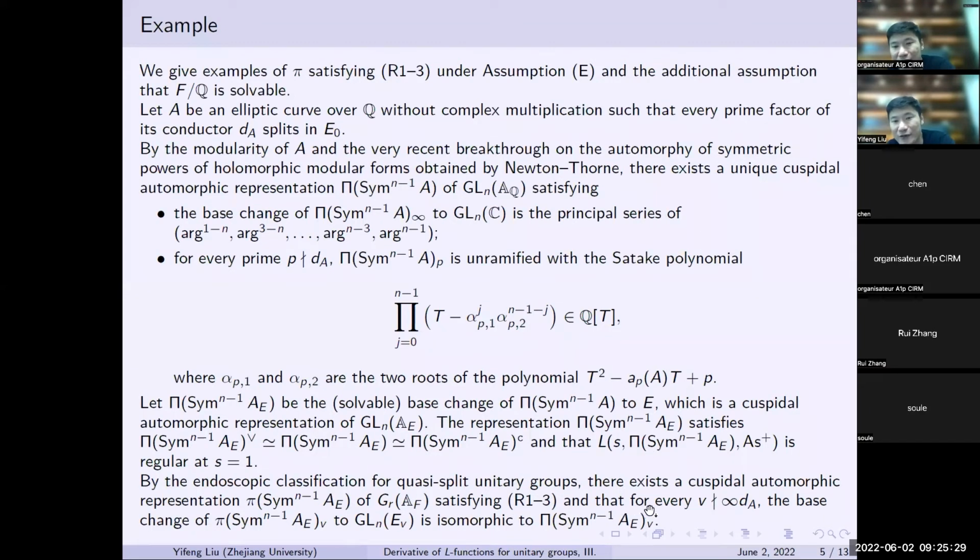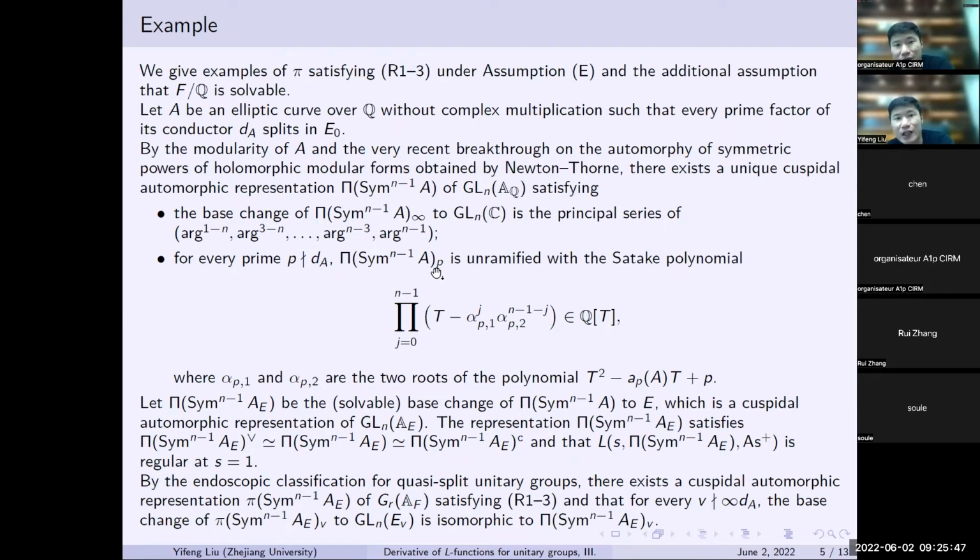And such that for every place v of F that is not above infinity, not above the bad places, the base change of the v component of this representation to GL_n over E_v is isomorphic to the v component of this representation.